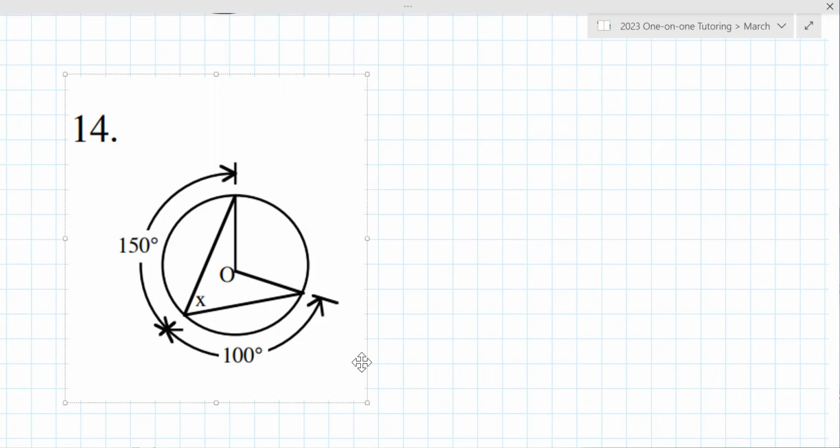Is it 55? And you're giving me the final answer, right, for X? Yes. Okay, so if it's 55, which I think is right, this would be 110, and 150 plus 110 is 360. So yes, that is correct.